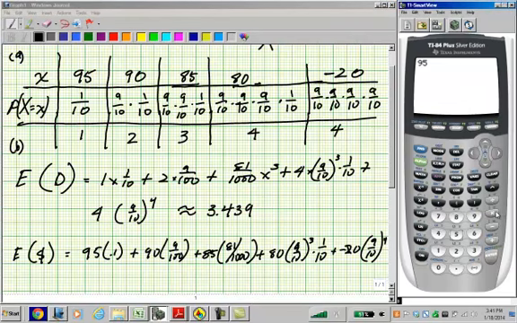So 95 times 0.1 plus 90 times 9 over 100, or 0.09 if you wanted to do that, plus 85 times 81 over 1,000 plus 80 times 9/10 cubed times 1/10 or 0.1 minus 20 times 9/10 to the fourth.